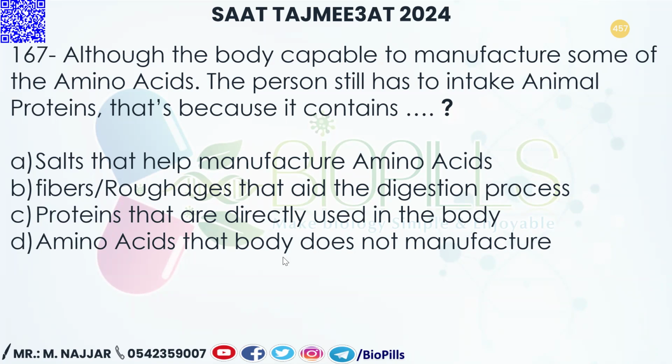Amino acids that the body cannot make are called essential. Essential means our body cannot make them, so we are obliged to take them from outside. Unlike the non-essential, which our body can make, and we have no problem with such amino acids.